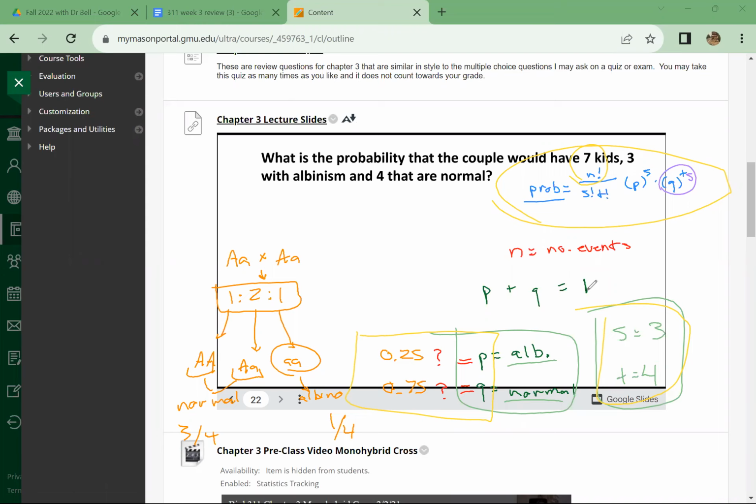And we then multiply it by q, which is 0.75 to the fourth power.